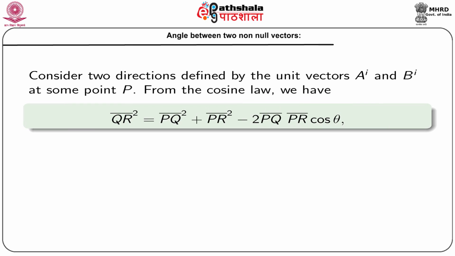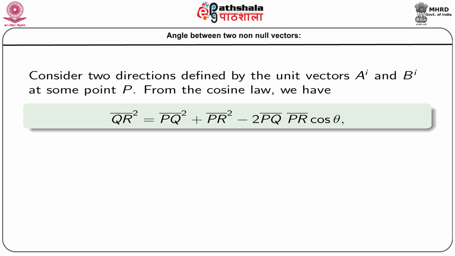Analogously, here we shall find the angle between two non-null vectors in a Riemannian space. So, let us see how the angle between two non-null vectors can be obtained with the help of the fundamental metric tensor.